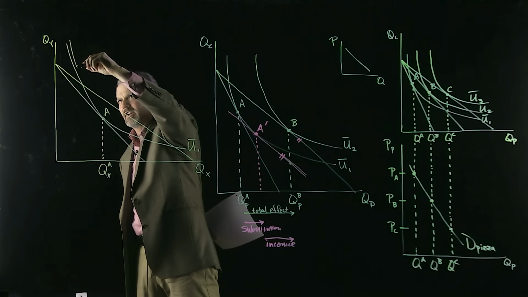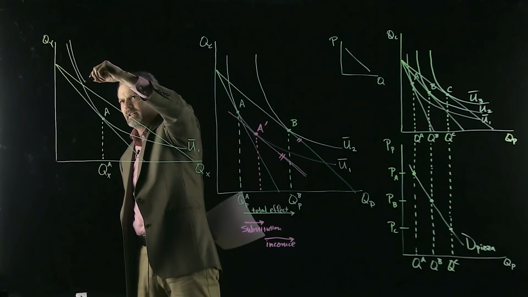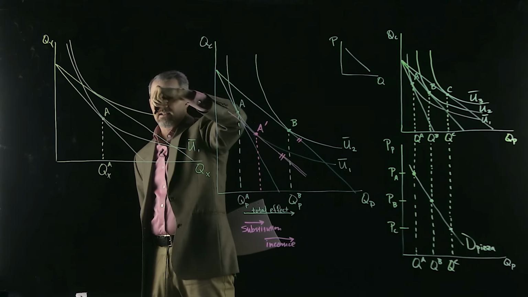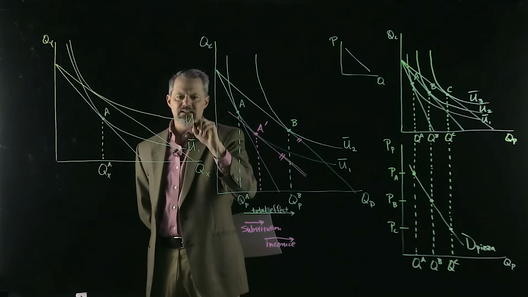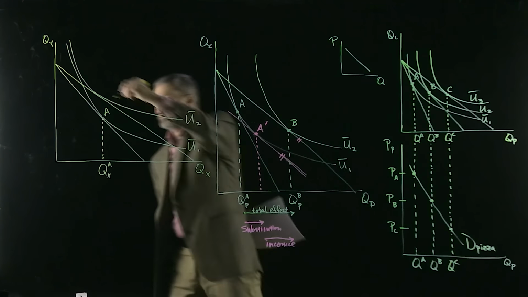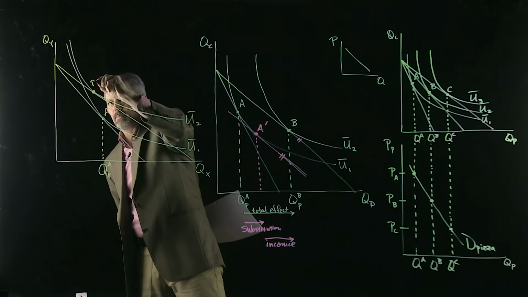I can make them very close to each other right here, and then cause this one to be tangent right there, and then head on down just like that. I have not violated any property of indifference curves by drawing it like that. My new point of tangency is right here at point B.